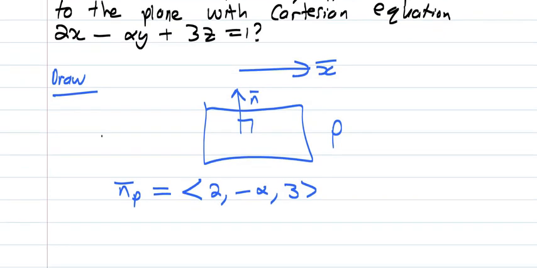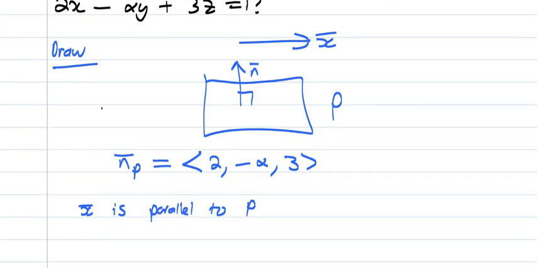So now we can say that x is parallel to P if and only if x is perpendicular, let's write down the long word, perpendicular to n.